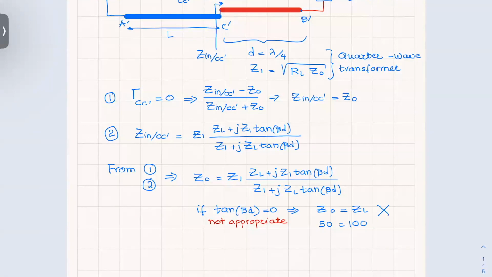If tangent beta D here becomes infinity almost, then it's very, very large compared to its other term, which means that ZL is going to be very, very small compared to Z1 tangent beta D. And Z1 is going to be very, very small compared to ZL tangent beta D, no matter what values ZL and Z1 take, unless ZL becomes an open circuit. You cannot match an open circuit to 50 ohms, all right? So we're not looking at that.